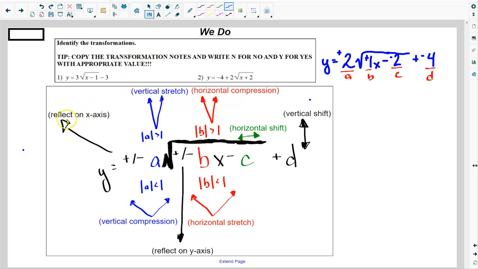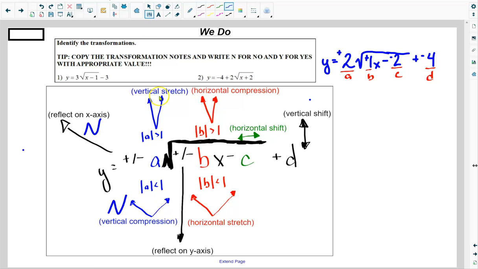So let's talk about a reflection on the x-axis. It's positive, so that's a no. Then we come to vertical compression. I've got to go to the A, but all I care about is the absolute value of A, which is a 2. Because 2 is not smaller than 1, I'm going to put a no right here.